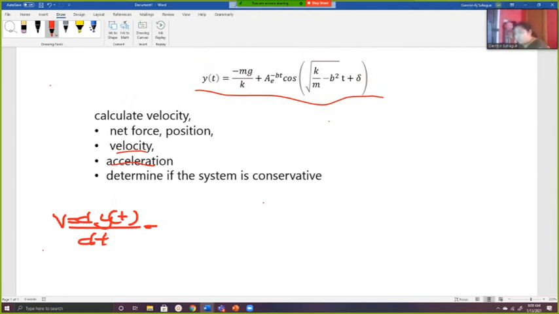This one would be constant first. So that would be negative b e to the negative bt cosine of the square root of k over m minus b squared t plus this. Then this is an equal sign.